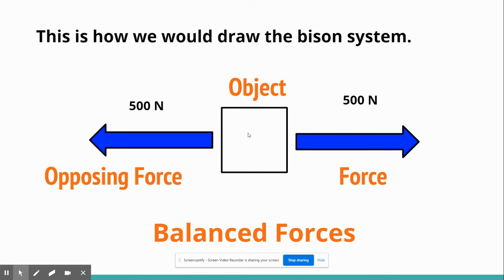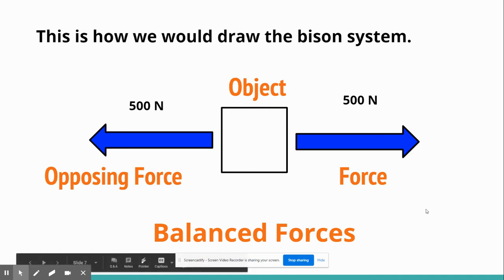And what I'm showing here is that this and that cancel each other out, and so that object isn't moving. So we represent in physics any object we want to talk about by drawing a box, and then we draw our vectors to represent the direction and magnitude of the forces.